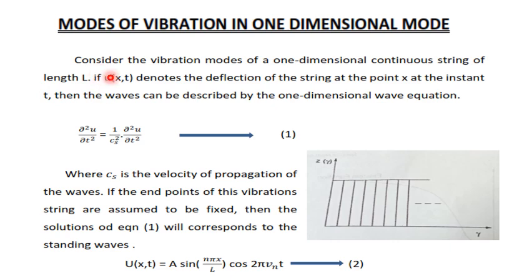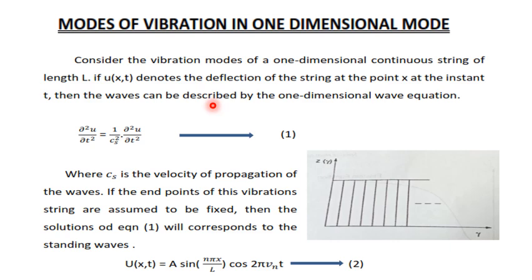If U of x,t denotes the deflection of the string at the point x at the instant t, then the waves can be described by the one-dimensional wave equation.